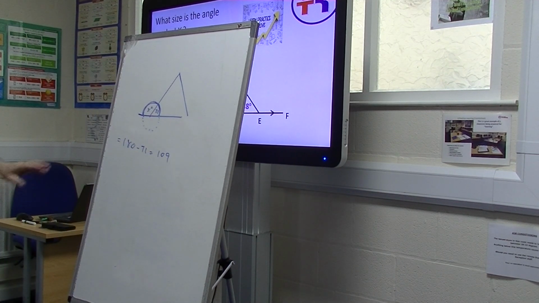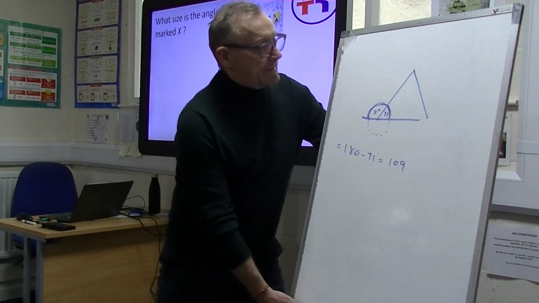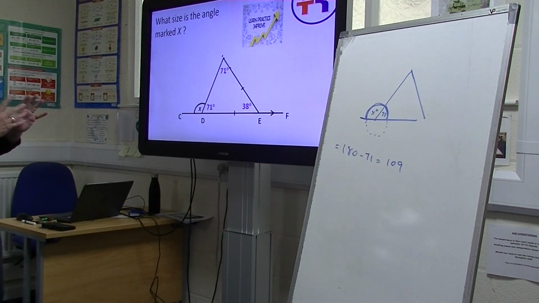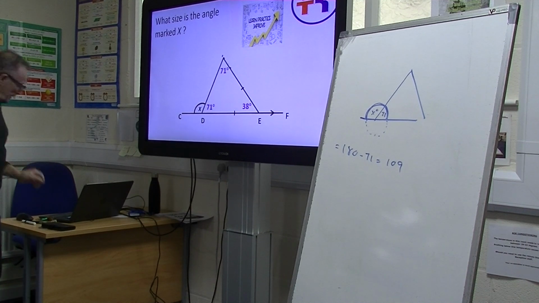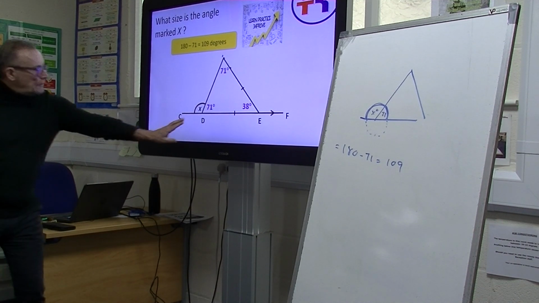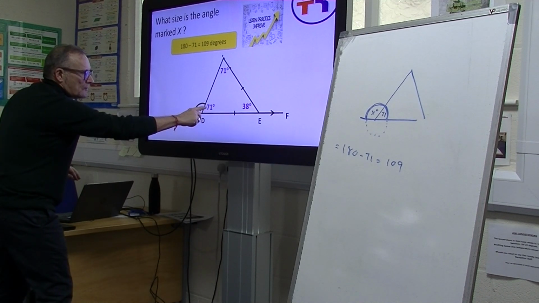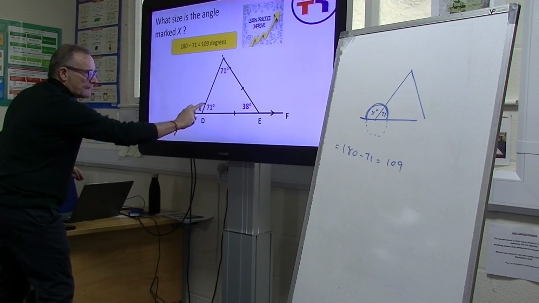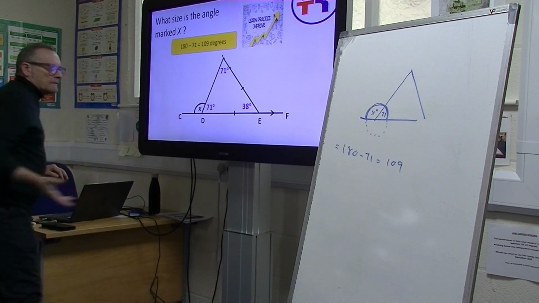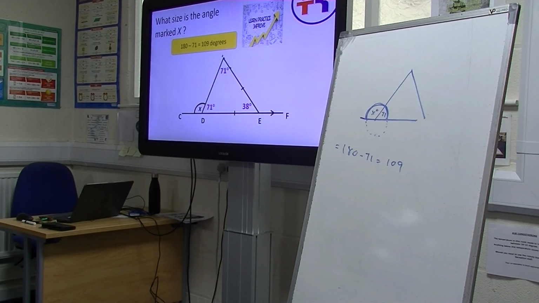Don't let the pictures fool you. Again, it's like what we've had to think about with all the math stuff that we've looked at: looking at the picture, what have we actually got? If we were to draw that there, we've got half a circle. 360 in a full circle, 180 in half a circle.